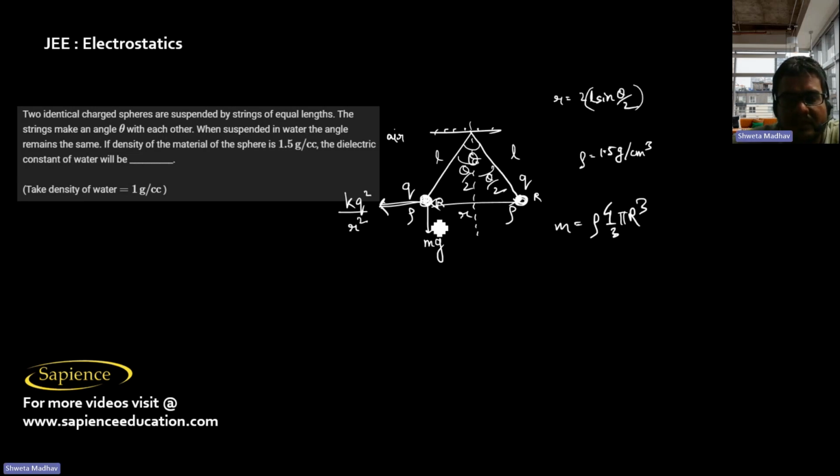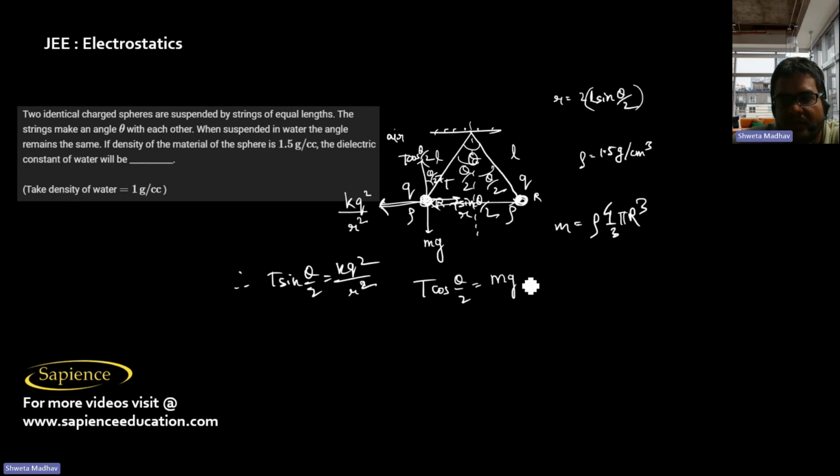Now this angle is remaining the same. Therefore I can say the tension force components are T sin theta by 2 and T cos theta by 2. So T sin theta by 2 is equal to kq square by r square, and T cos theta by 2 is equal to mg. mg is 4 rho by 3 pi R cube into g.